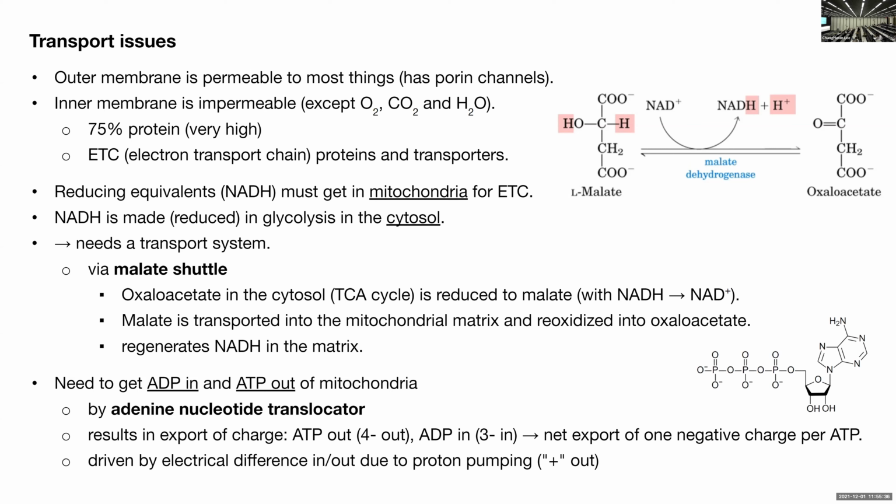Because it gained 2 electrons from other metabolites. But that has to get into the mitochondria to be fed into the electron transport chain to pass on the electrons for generating ATP in the end.